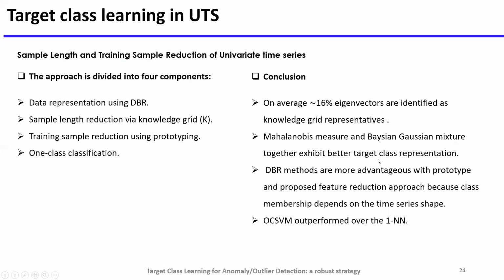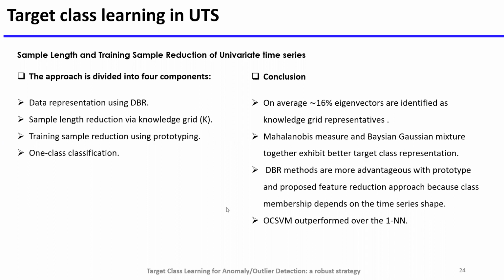And it has been observed that almost 16% of the eigenvectors were able to perform well. And the dataset was a collection of 85 univariate datasets, also known as the UCR archive, the dataset generated by the University of California, Riverside.